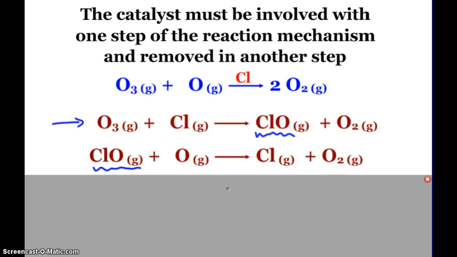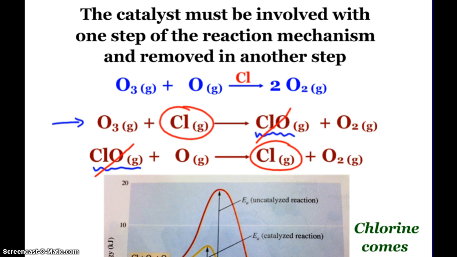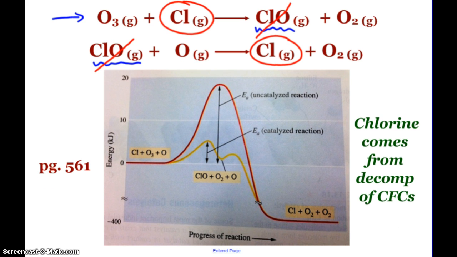And so, yes, the intermediate cancels out of this reaction, but you see that the catalyst goes in and comes back out. And that's important for a catalyst. It goes in and comes back out, and that's how we know that it's not being used up in the reaction.